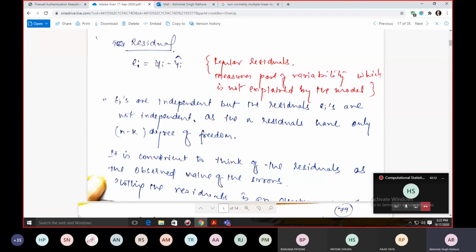We assume that each ei, or each error for a particular ith instance, is independent, but we can't say that our residuals are independent, because these n residuals have n minus k degrees of freedom. We calculated this n minus k degrees of freedom in our ANOVA table.